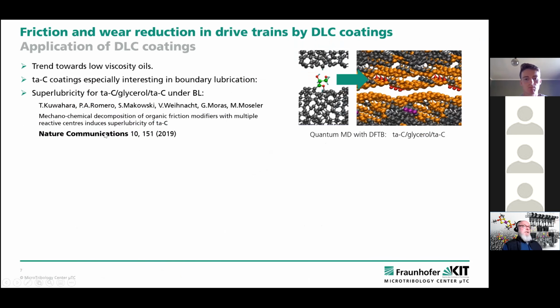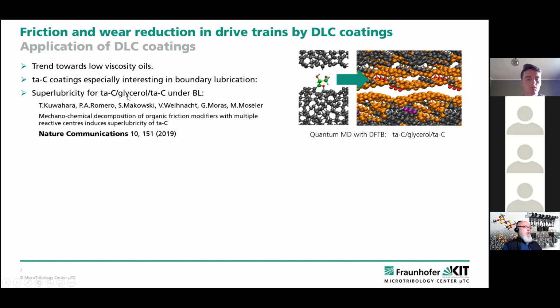Why is ta-C so important? Well, in our cars, there is a trend towards low viscosity oils to save fuel. And that leads more and more into boundary lubrication. That's why ta-C coatings are important to protect the surfaces, but also because ta-C has an important property that is called superlubricity.